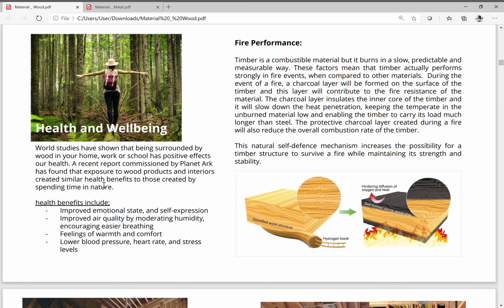Wood is still a combustible material, but it burns in a slow, predictable, and measurable way. We have a process in wood, let's say the charcoaling of the wood, that insulates the inner core from getting burnt.